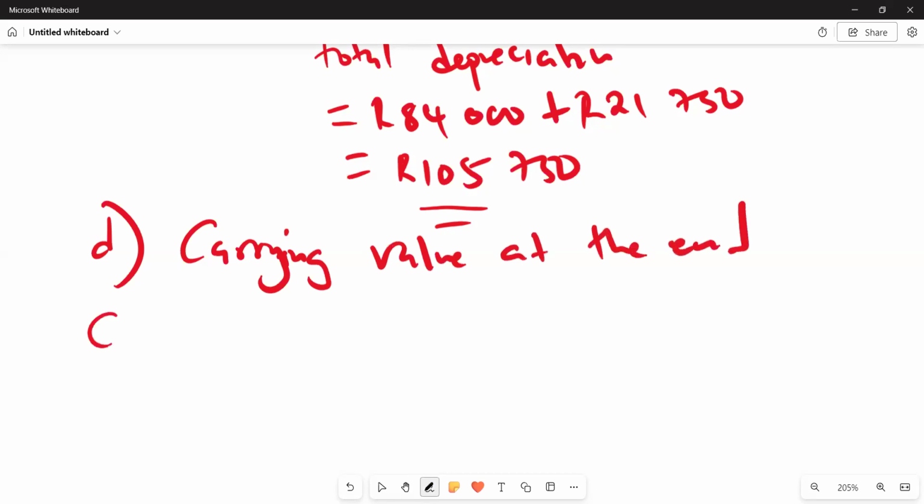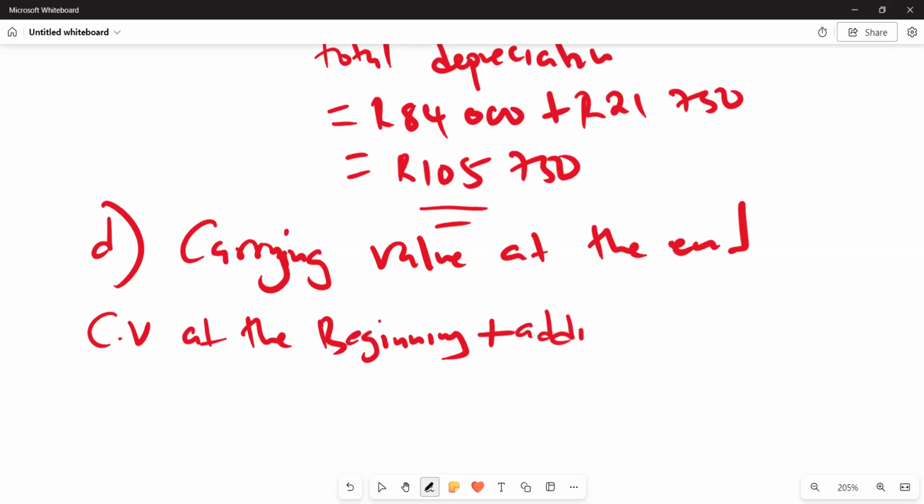So we can just say carrying value at the beginning, and then we add additions at cost, then we less depreciation for the year.